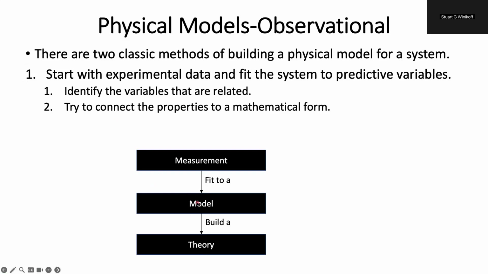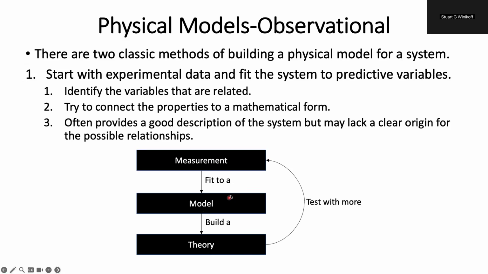And then we're going to use this to build a little bit more of a broader theory to help describe what's going on. Now, once you've built that theory, you have to go ahead and test with more measurements, refine your model. And again, this is all built on starting with experimental data, try and model it, get more data, repeat the process. And this often provides a very good description of a system.